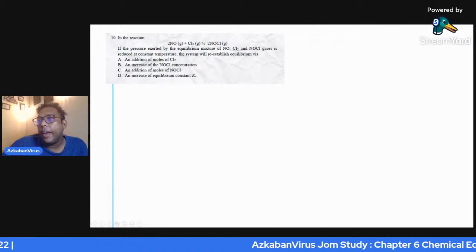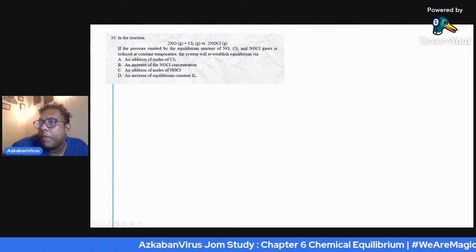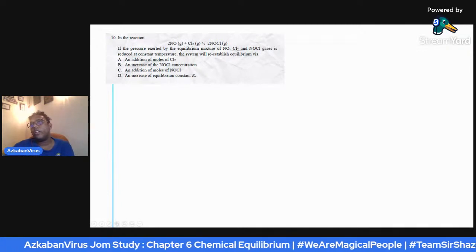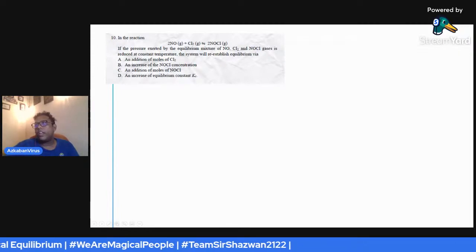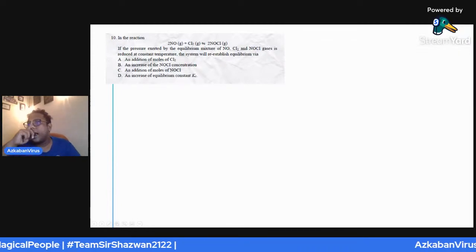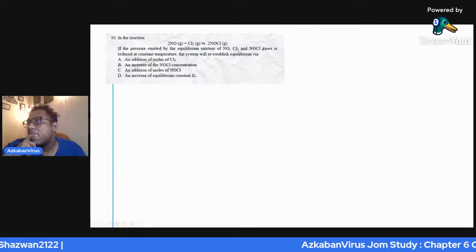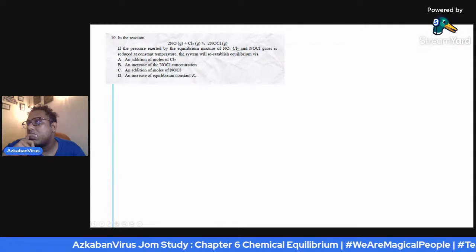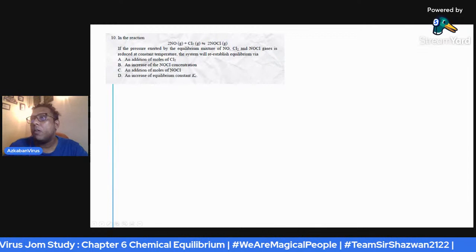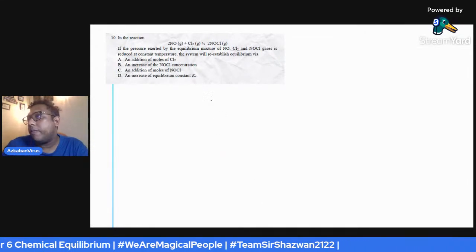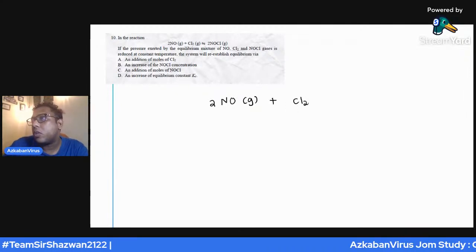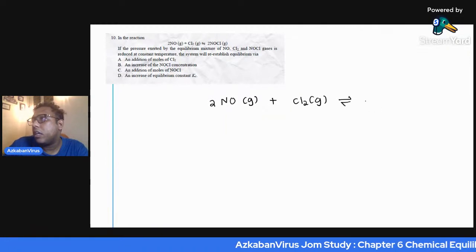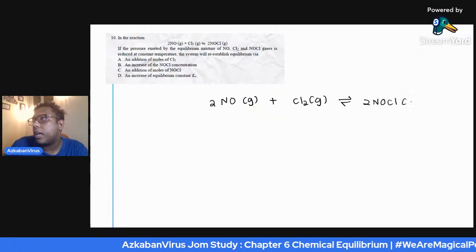Next one. In the reaction, if a pressure exerted by the equilibrium mixture of NO and Cl2 is reduced at constant temperature, the system will re-establish equilibrium, which way? Okay, kita tengok equation, 2NO gas tambah Cl2 gas, dia akan jadi 2NOCl gas.